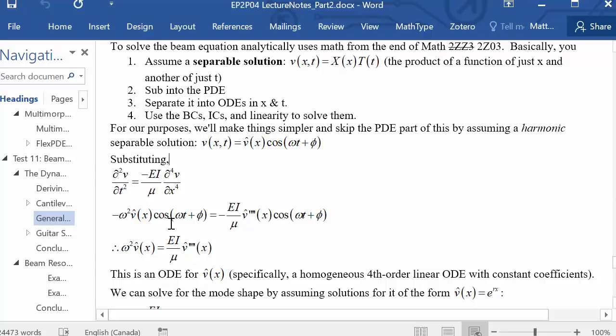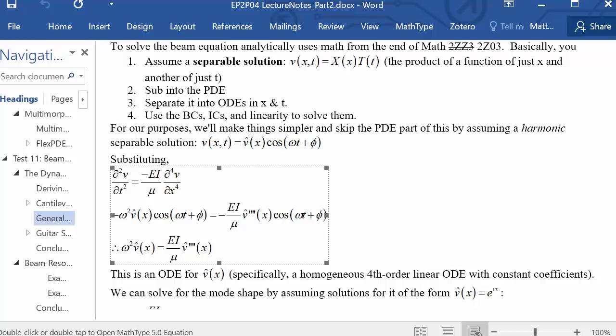And then if you take four derivatives with respect to space, then that doesn't affect the time part, it just affects this, and you get a v quadruple prime at x. All right, so there you go, and that's how you, after canceling the cosine, get to the reduced form that is an equation for just the bending mode shape.